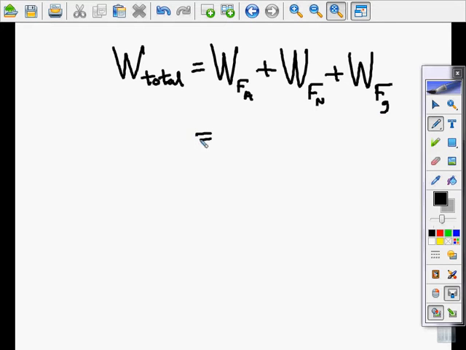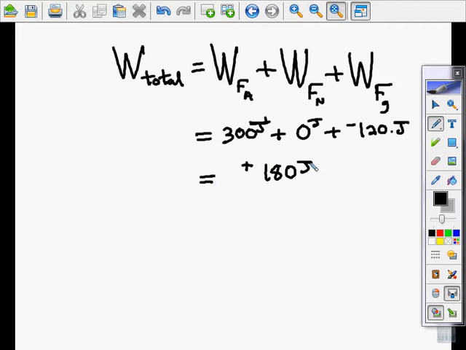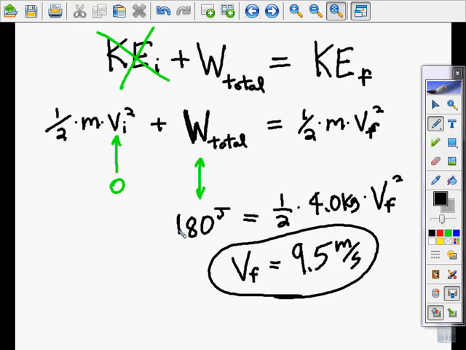What was the work done by the applied force? 300 joules. And the work done by the normal force? 0 joules. And the work done by the force due to gravity? -120 joules. And if you crunch that out, we get positive 180 joules. And that's where we got this value right here.